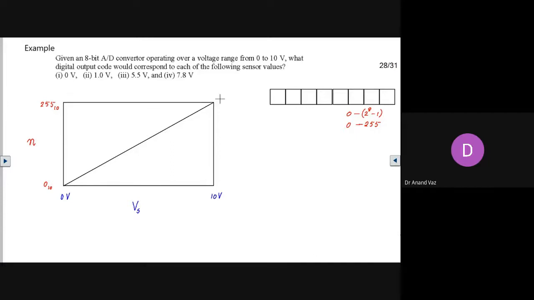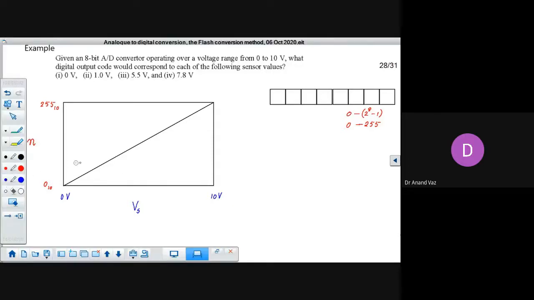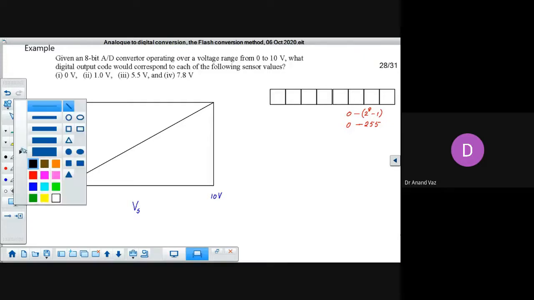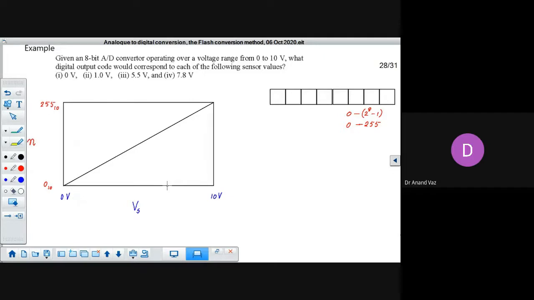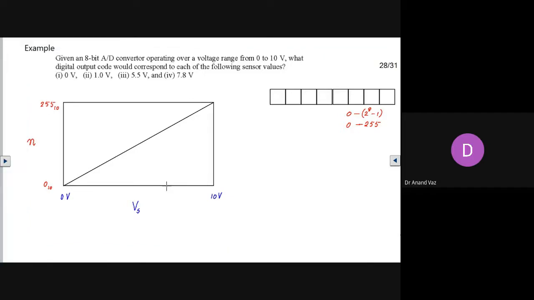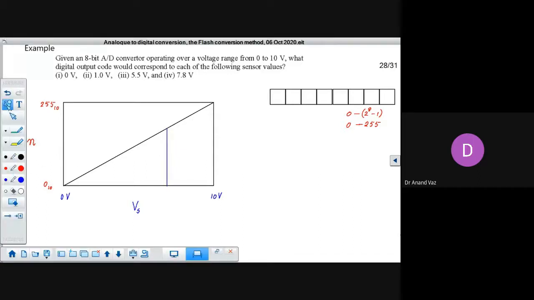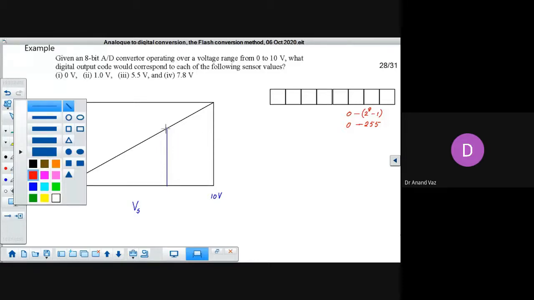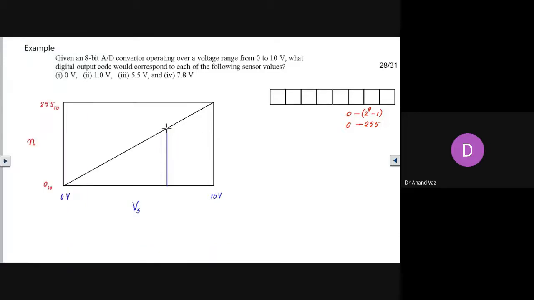Okay, and that's the reason why if you have any voltage in this region, some arbitrary value, then the corresponding digital value that is obtained will be here.